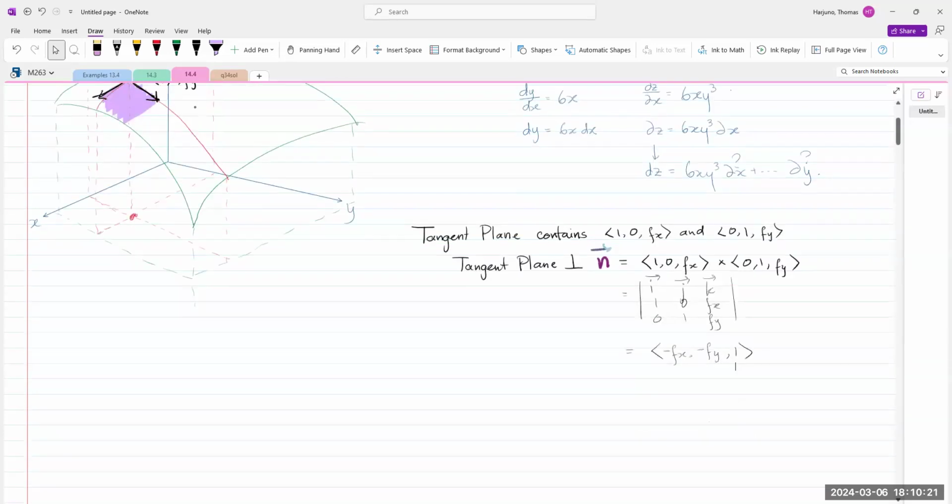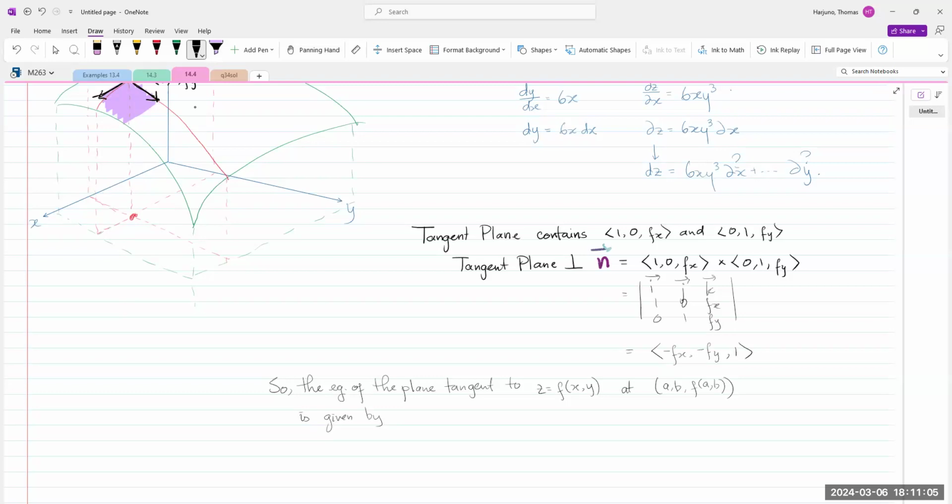So, the equation of the plane tangent to the surface z equals f(x,y) at, let's say, (a, b, f(a,b)) is given by, okay, let's start.